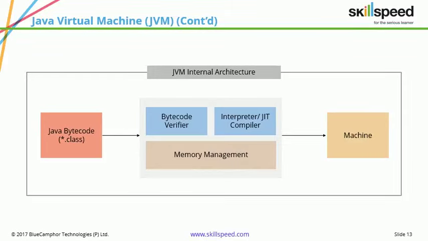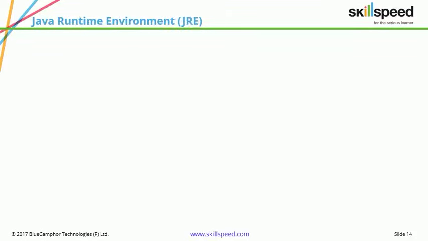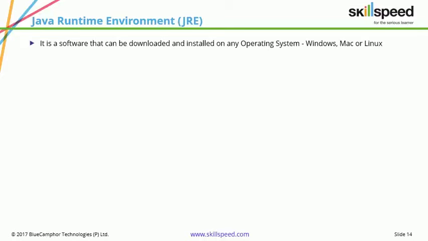We have already learned some time ago that the Java Virtual Machine is the runtime system which will convert the bytecode and execute the program. The Java Runtime System is also known as the Java Runtime Environment, or the JRE, which is also a physical software.